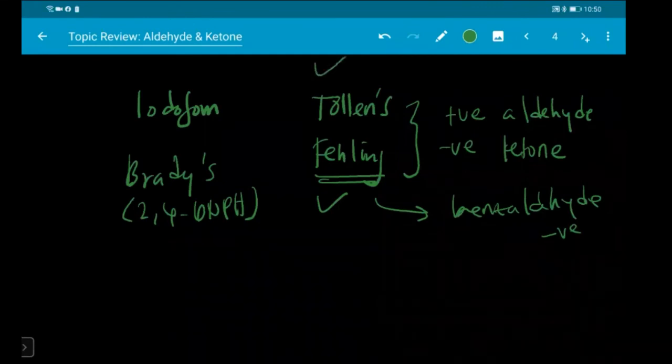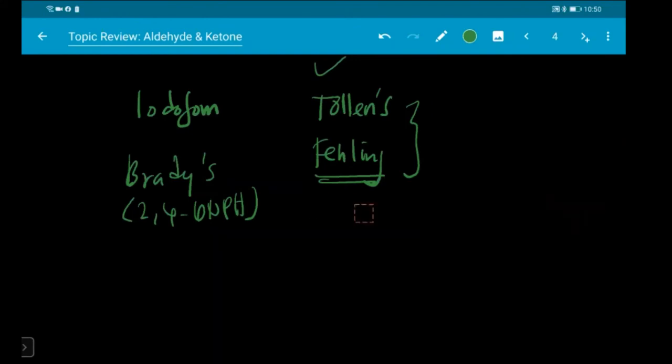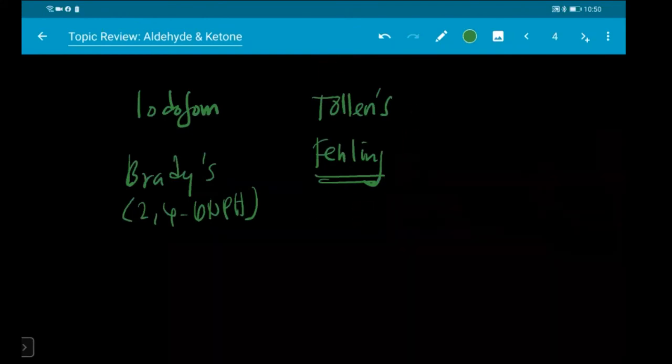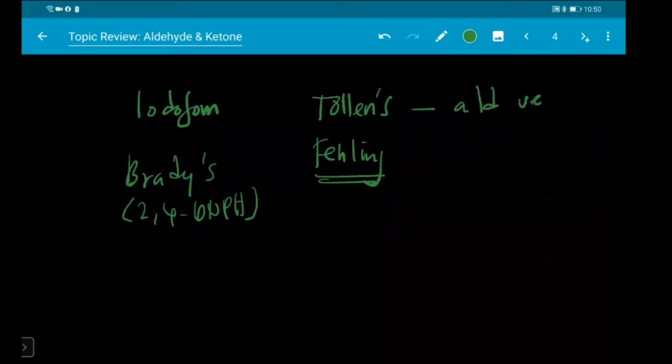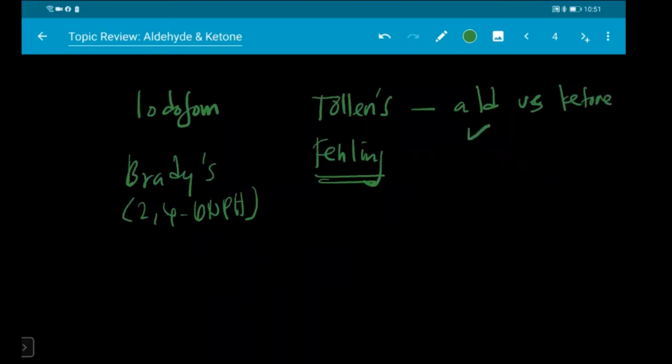And of course tolerance. InsyaAllah, adik-adik, tolerance can be used to differentiate aldehyde versus ketone. Right? Aldehyde akan jadi positif.